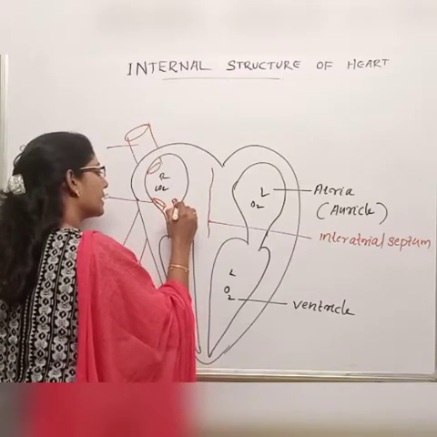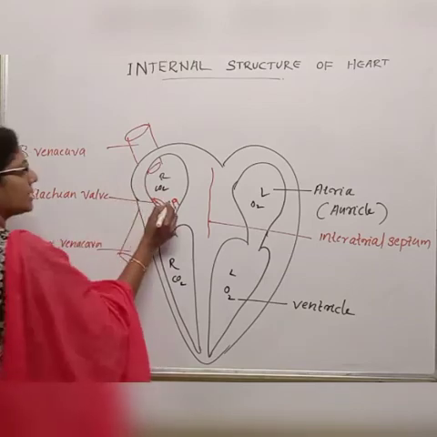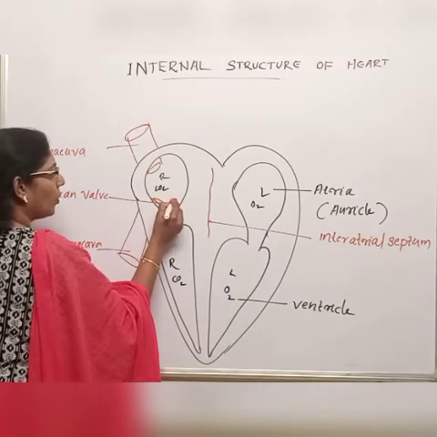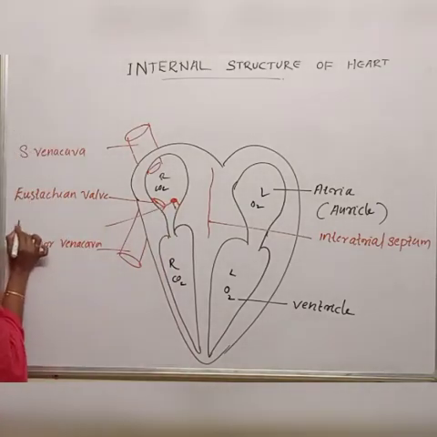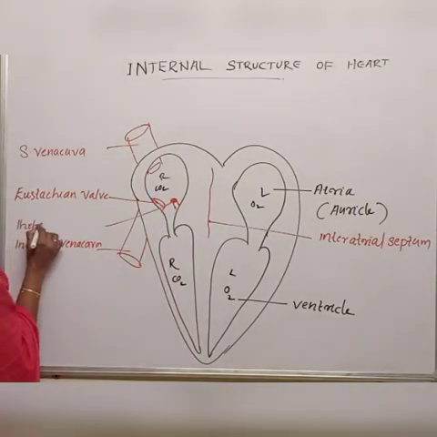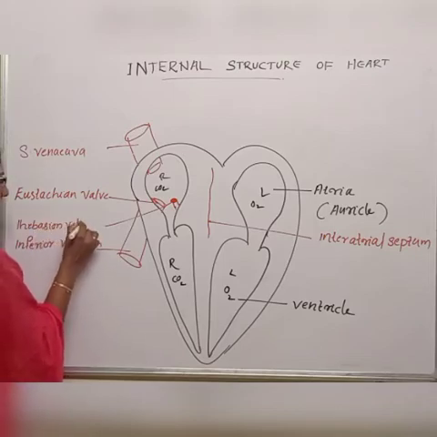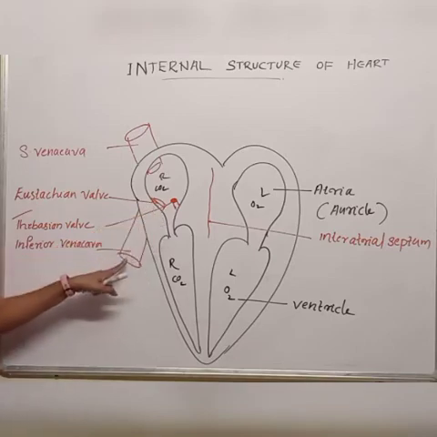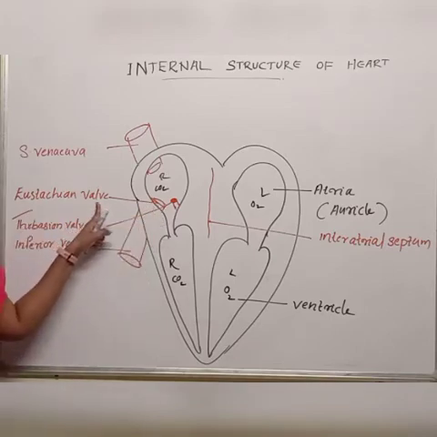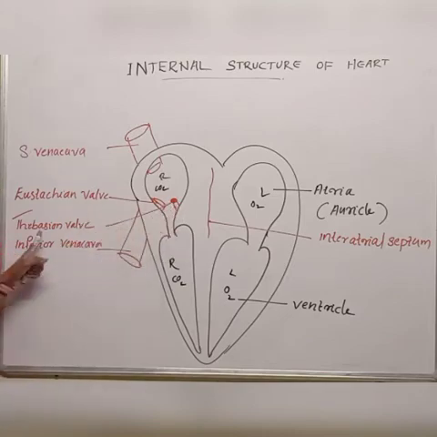So the coronary sinus also opens into the right atrium. At the opening of the coronary sinus, one valve is there, called the Thebesian valve. So at the opening of the inferior vena cava, the valve is called the Eustachian valve, and at the opening of the coronary sinus, the valve is called the Thebesian valve.